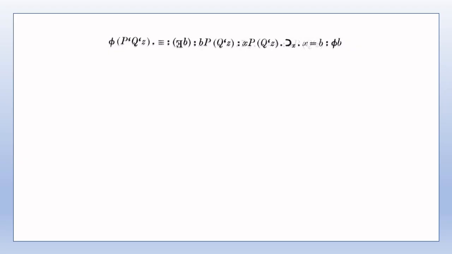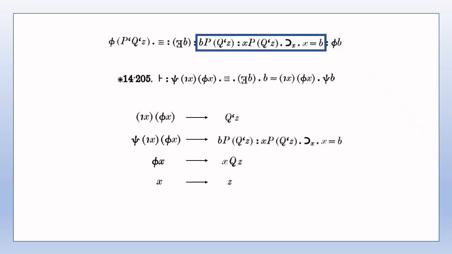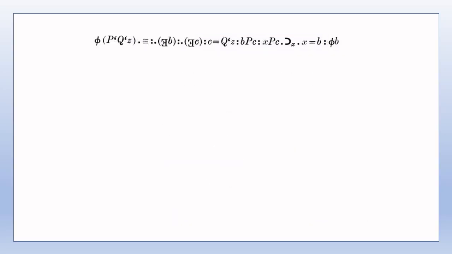Next is a simple application of 4.3, just to reorder the factors. And now we have an application of 14.205, which is shown on the screen. Consider the expression which has been highlighted and make the substitutions which I've shown on the screen, in which case 14.205 becomes as shown, and which of course gives the next line of the demonstration.